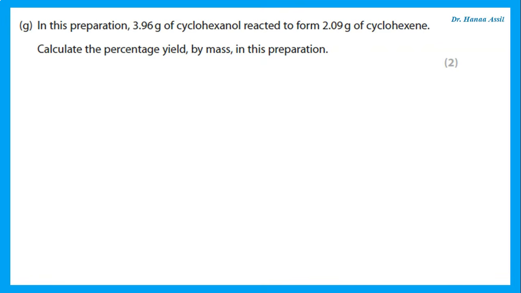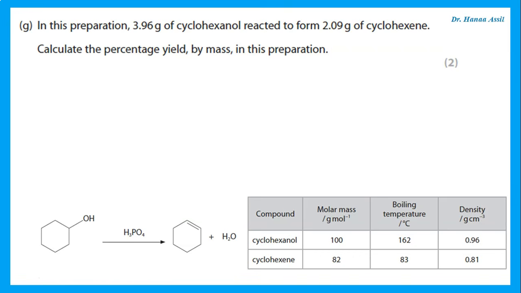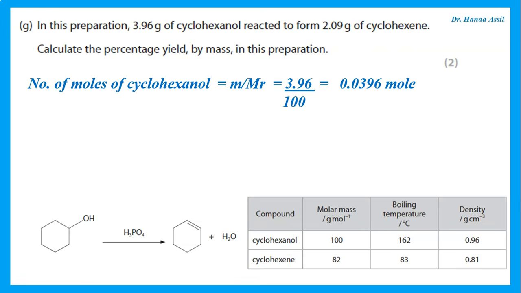We have the molecular mass of cyclohexanol already in the table, so I can calculate the number of moles that we're starting with. Number of moles of the cyclohexanol is mass over molecular mass. This gives me the number of moles.